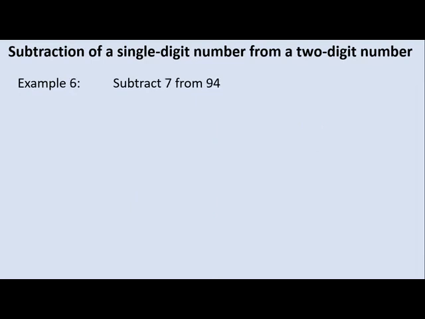Now let us move to the example number 6. Again here we are subtracting a single digit number from a 2-digit number. Subtract 7 from 94. Let us write down these numbers in place values table. 94 and 7 in the second row.